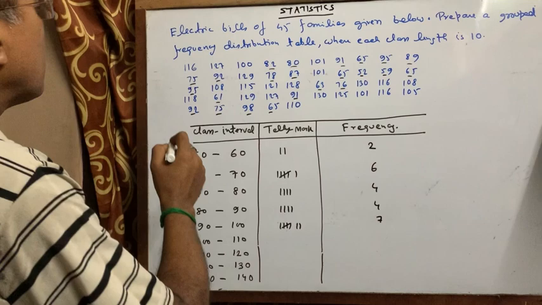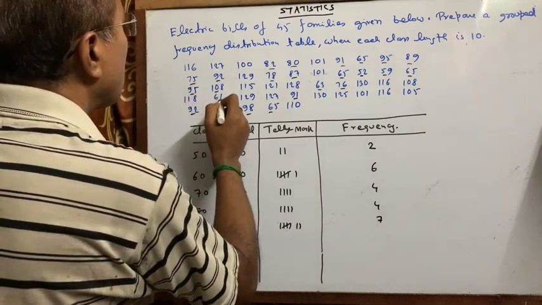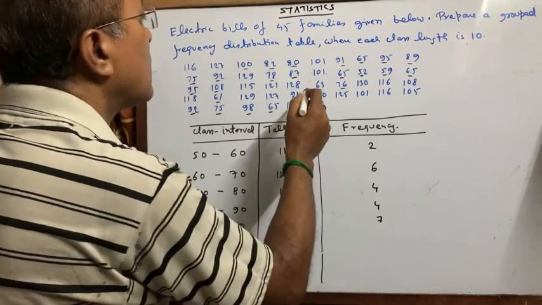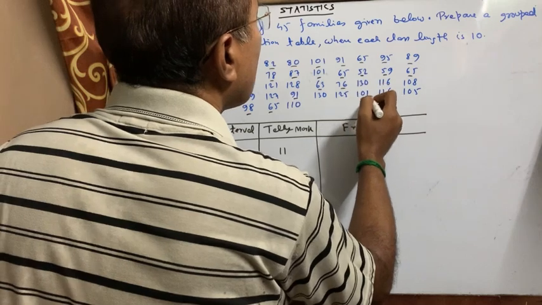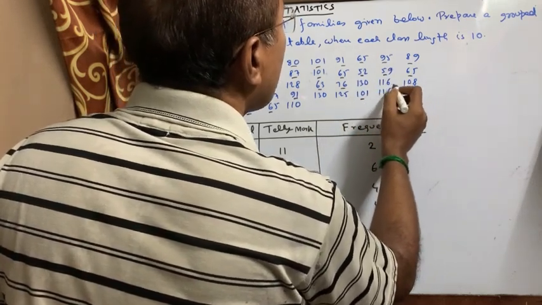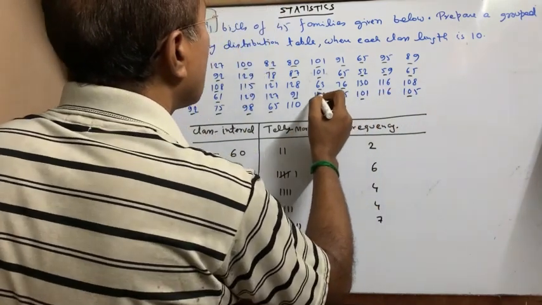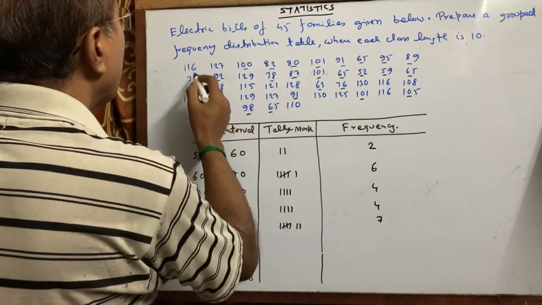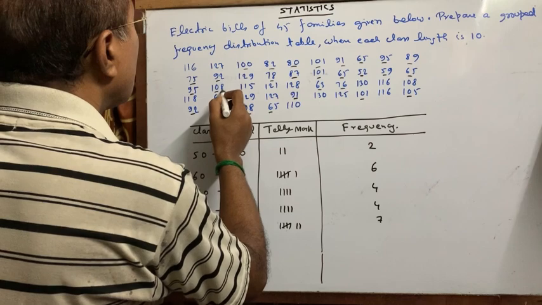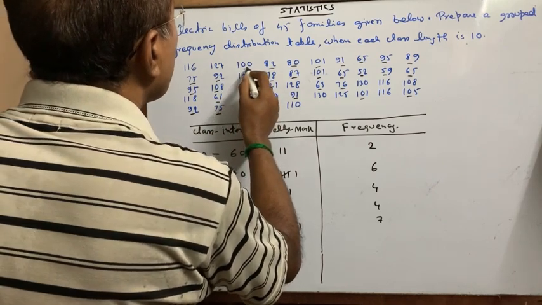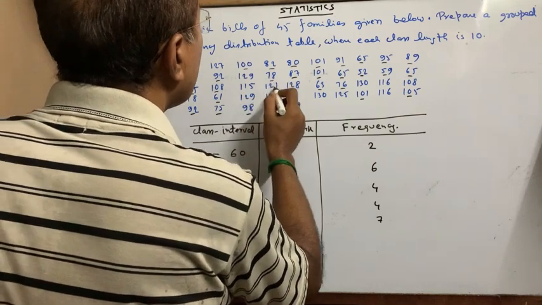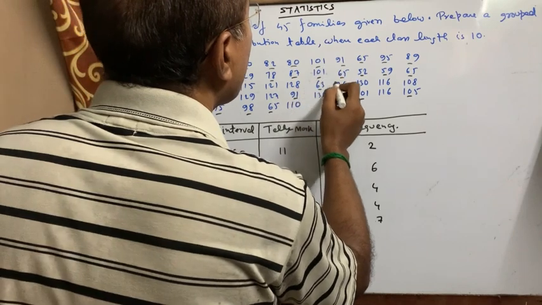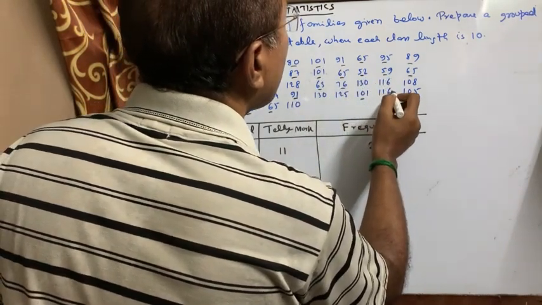Now from 100 to 110 we have to find out: 1, 2, 3, 4, 5, 6, 7.